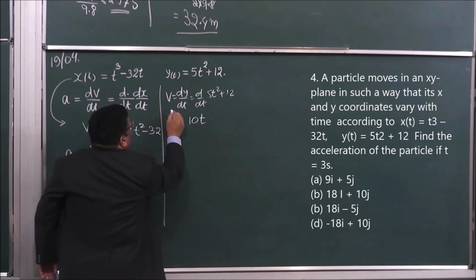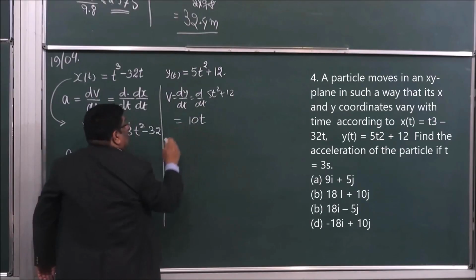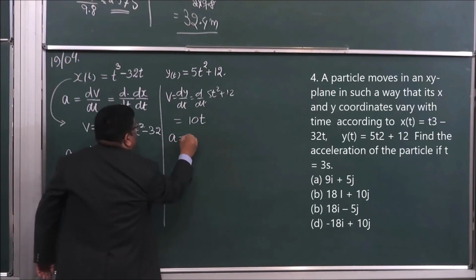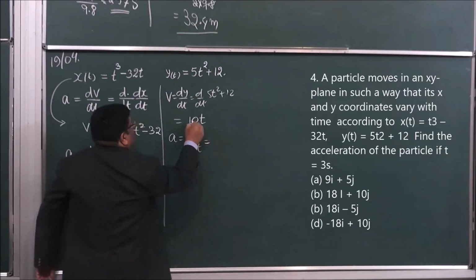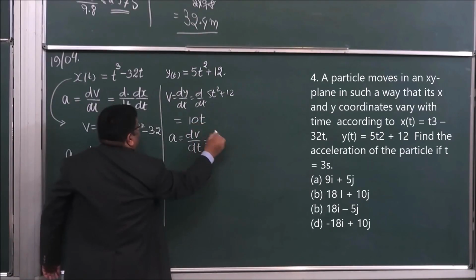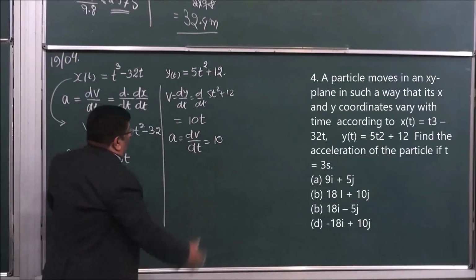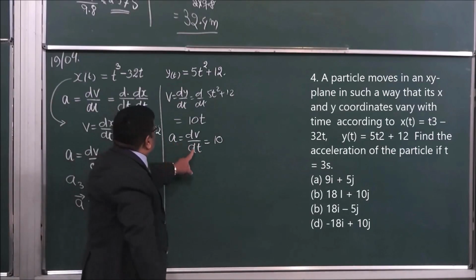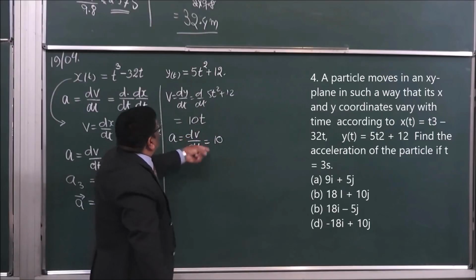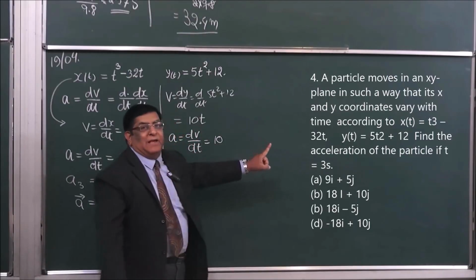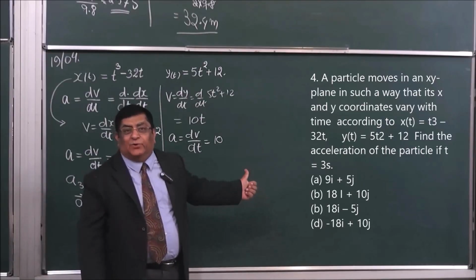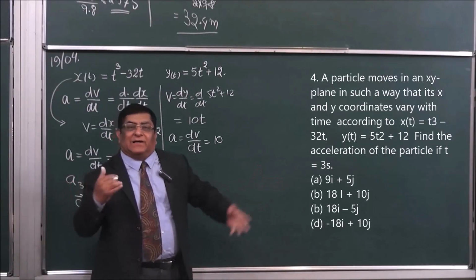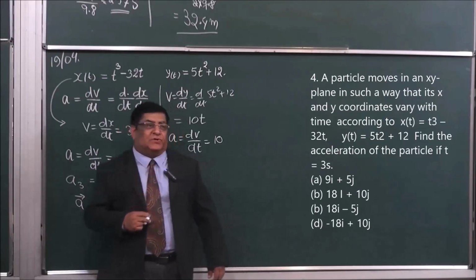This is velocity. अगर ये वेलोसिटी निकली है तो एक्सेलरेशन कितना होता है? एक्सेलरेशन होता है dv by dt और इसका डिफरेंशिएशन करिए, ये आ गया 10। ओके, तो अगर एक्सेलरेशन का फॉर्मूला हमें मिला 10, तो बताइए 3 सेकंड में एक्सेलरेशन कितना होगा? तो हम इसमें t को ढूंढेंगे, t नहीं है। अगर t नहीं है तो क्या एक्सेलरेशन 0 हो जाएगा?